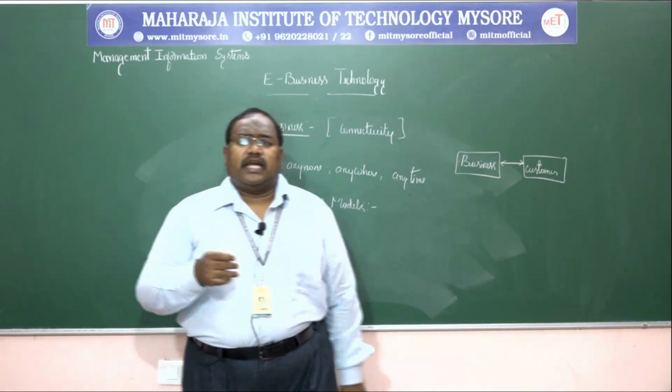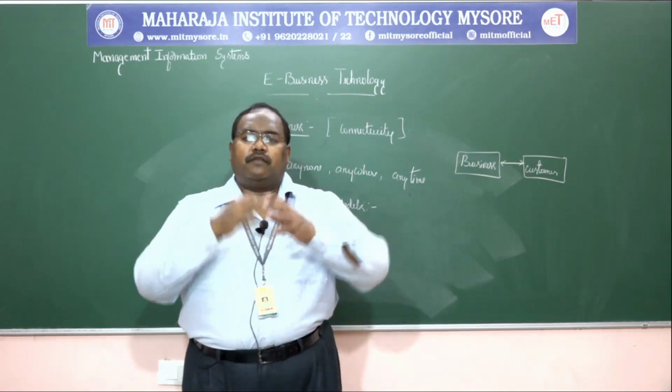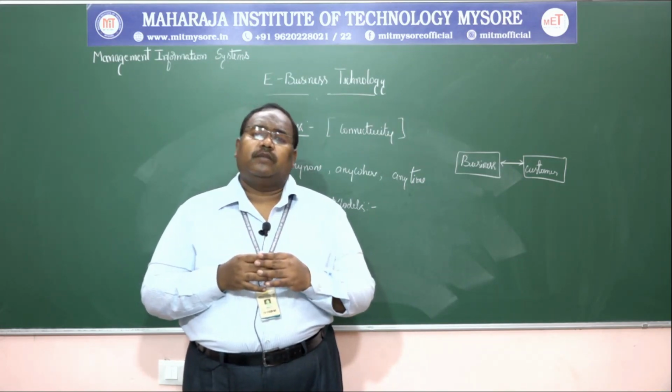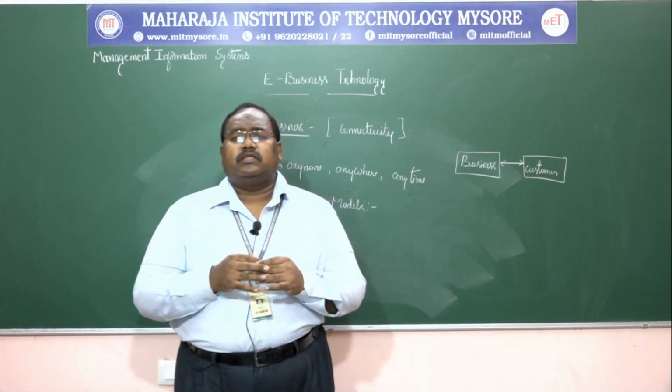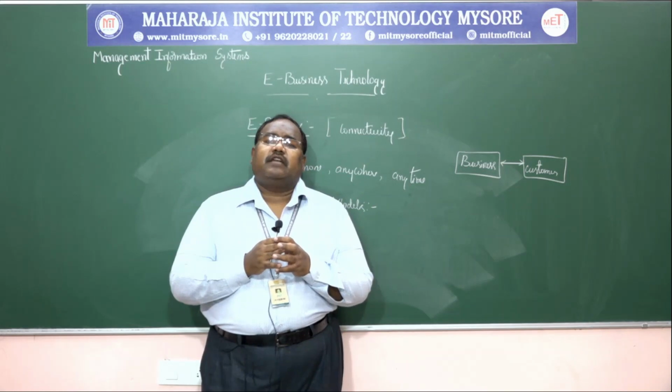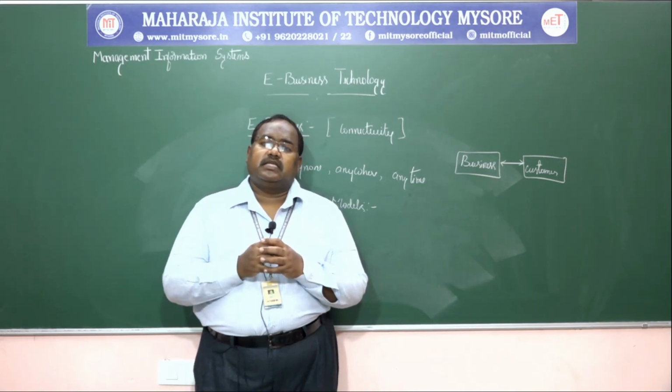So all e-business activities happen within a framework of two types of business relationship. What are those two types? The first one is the exchange of products and services between businesses.